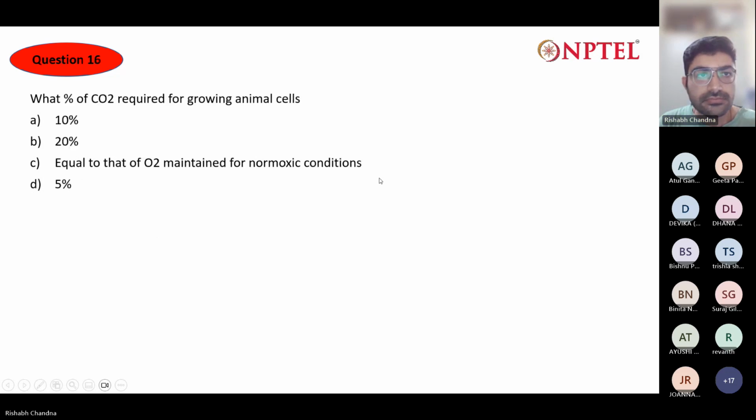So what percentage of CO2 is required for growing animal cells? Can anybody answer this? Option D, 5% CO2.